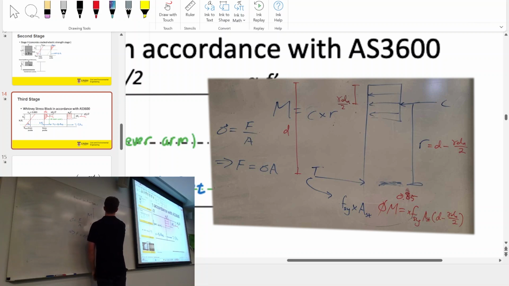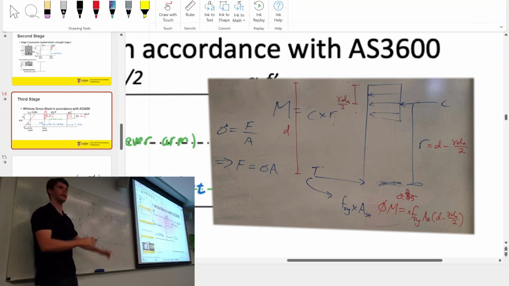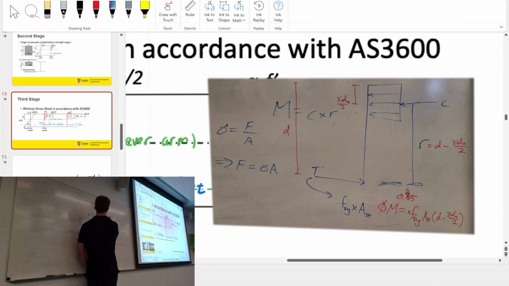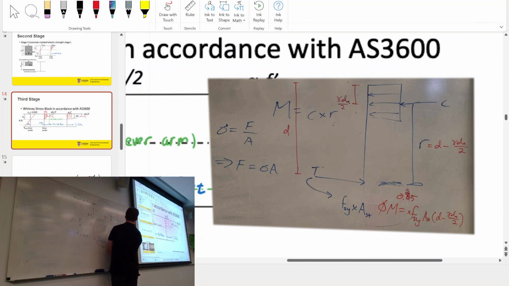Well, the depth of this stress block is gamma dn, which you go through the theory in class. So don't worry about that. It won't make sense right now, but you'll go through the theory in class. But basically, this distance is gamma dn. So if you look at halfway, halfway would just be gamma dn on 2, right? So your distance between these two things right here is just d minus gamma dn on 2.